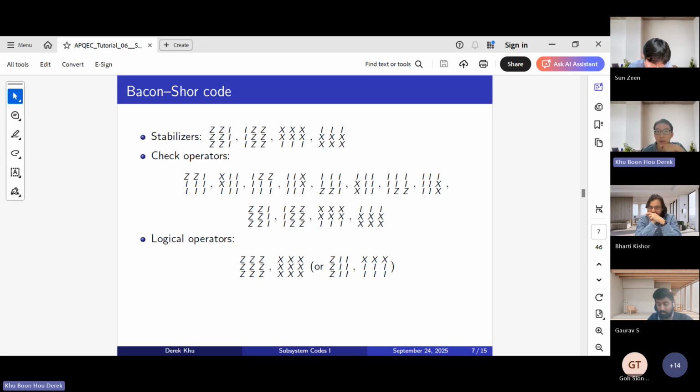For example, with this X, you could take this second X operator, this fourth X operator, and all you need to get this operator is to have the X2 and X5, so to speak, the second X operator and the 5th X operator. So that would reduce our check operators to something like this, which are all weight 2 checks.